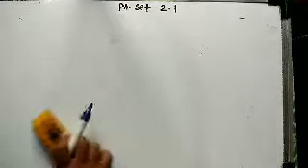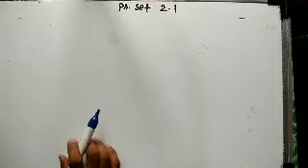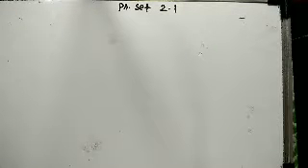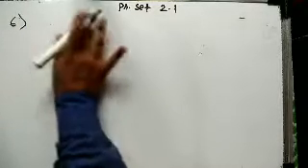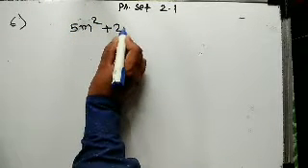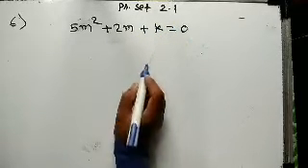Then the last problem from this practice set. This is an activity based problem. One of the roots of the equation 5m square plus 2m plus k is equal to 0 is given.